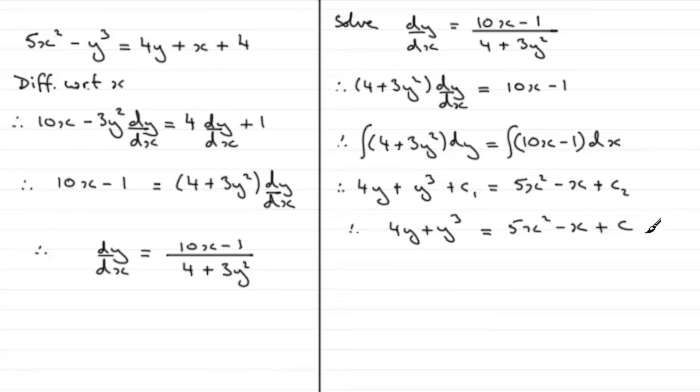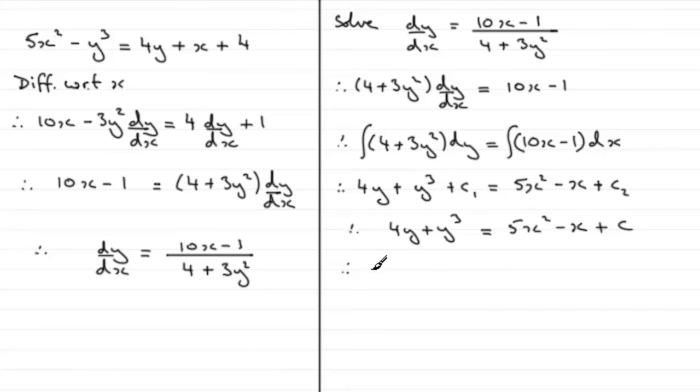Okay? Now, suppose we were to rearrange this. Can you see this is starting to look like this? If, for instance, we were to subtract y cubed from both sides and add x to both sides, then we're going to get this.